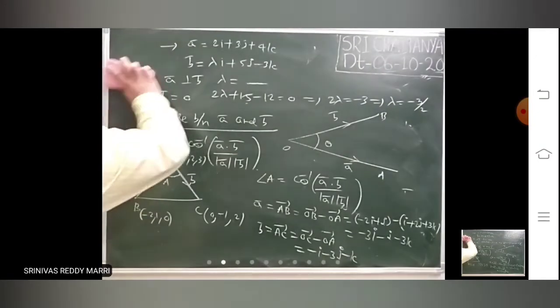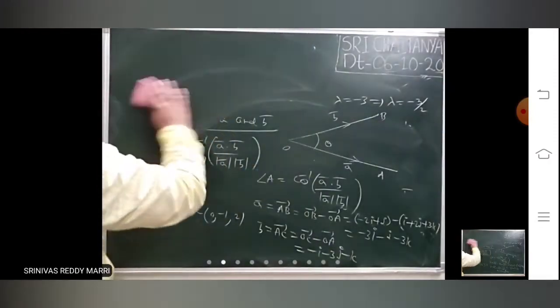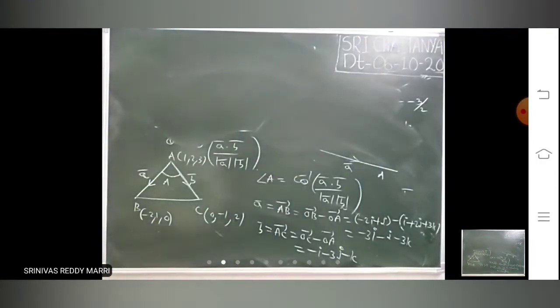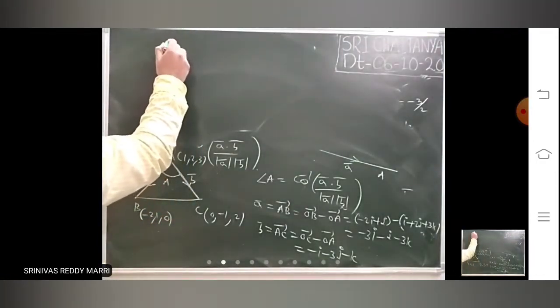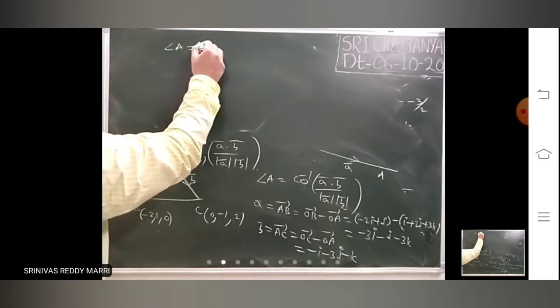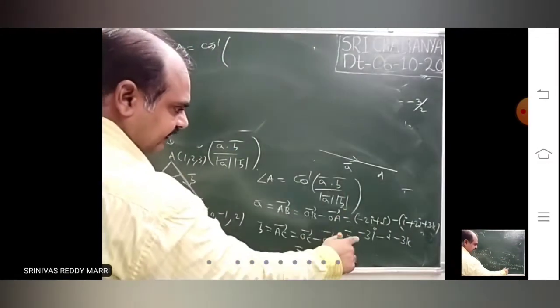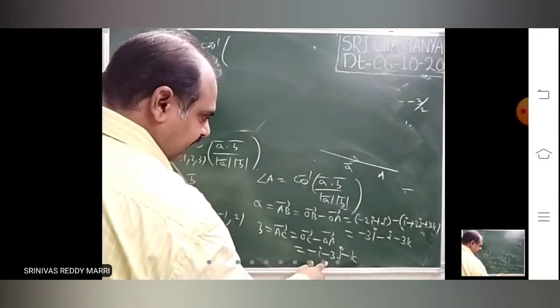So therefore, for angle A you can use the formula. If two vectors are known, the angle between their directions is nothing but angle A. Therefore, angle A is nothing but cos inverse of A dot B. Look at this, this is A bar, this is B bar.